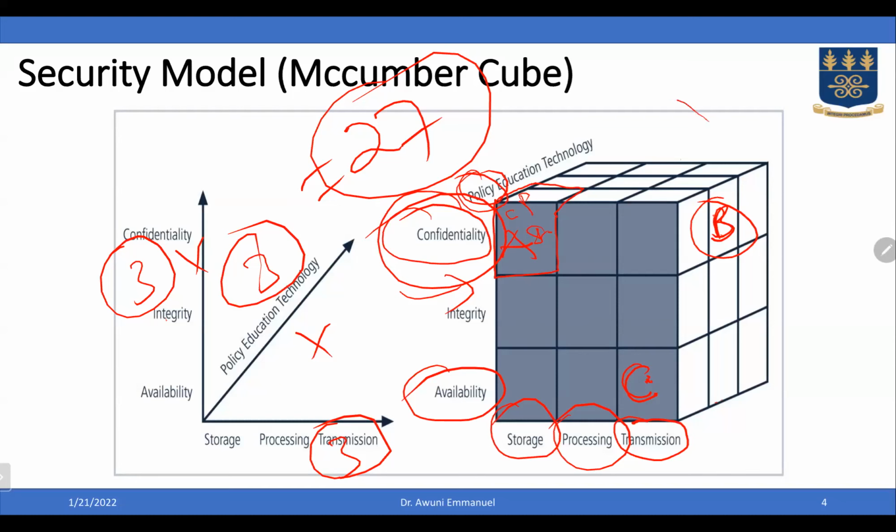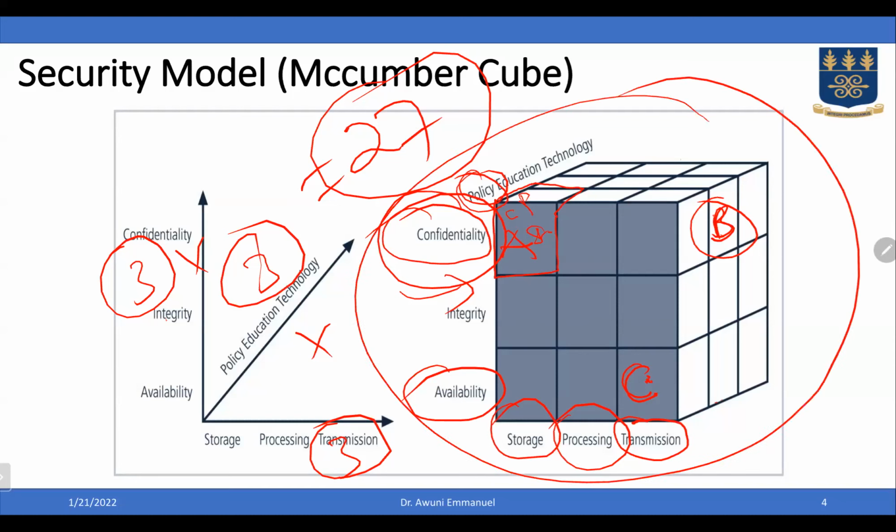So in effect, when you put all these 27 cubes together, it helps you identify the gaps within the organization in terms of security or protection of information assets.